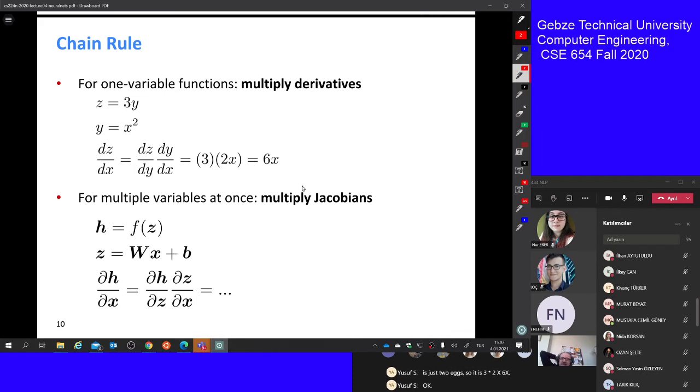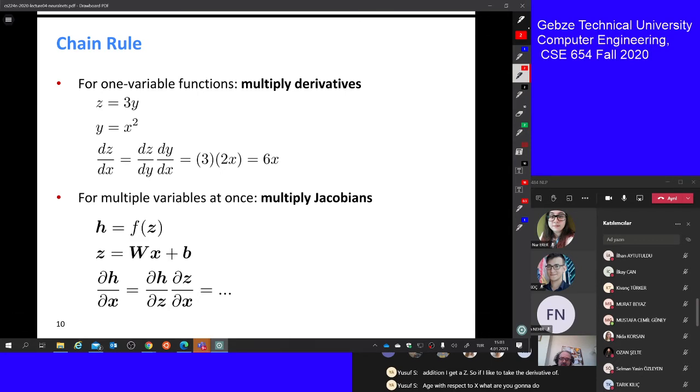So if I have something like this, and we have many things like that, right? Remember z is an n-dimensional vector. N is the number of neurons, and with this multiplication plus the addition, I get a z. So if I like to take the derivative of h with respect to x, what are you going to do?